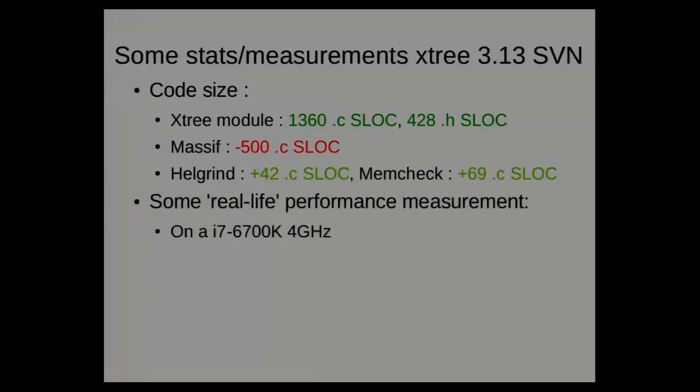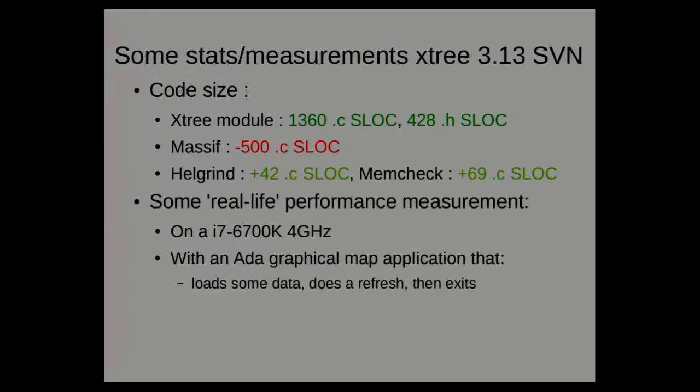So now some real-life performance measurements. This has not been measured on this laptop, but on a very fast machine, a 4 GHz core. I did this measurement with an Ada application, which I'm using for my work. It's a graphical map application, which starts up, loads a lot of data, and then I did a refresh, and then it exits.